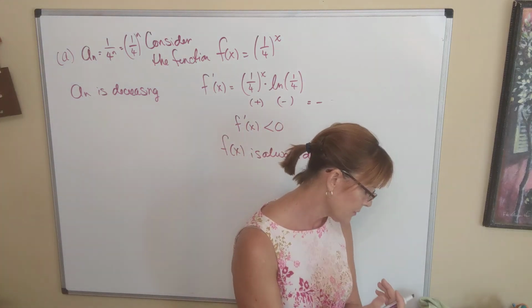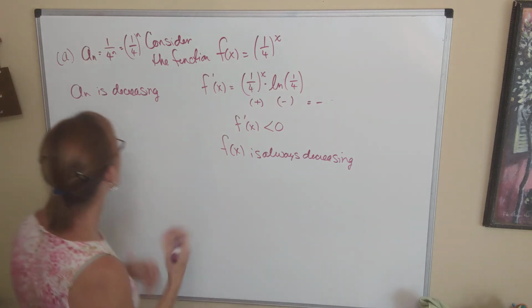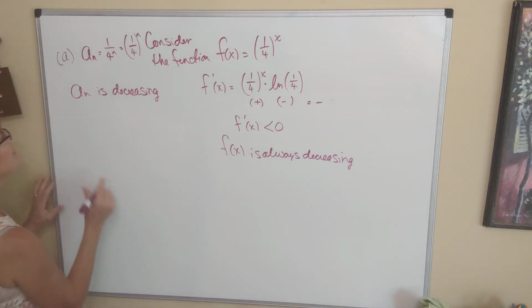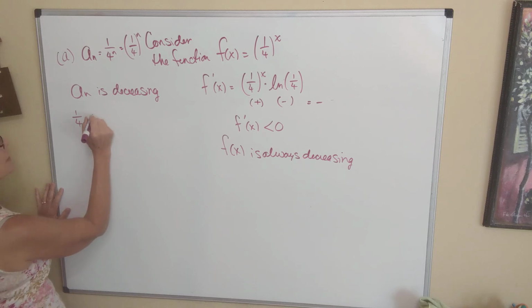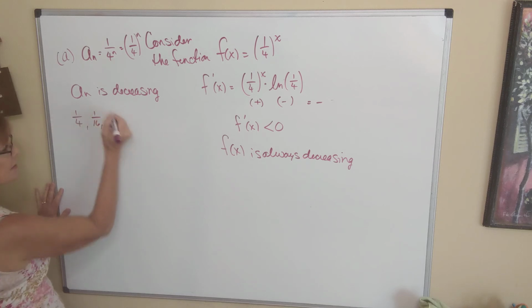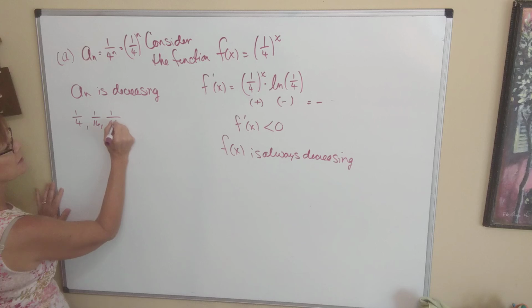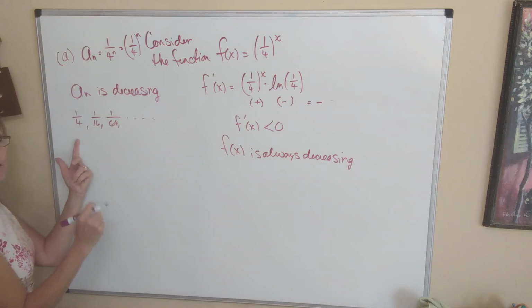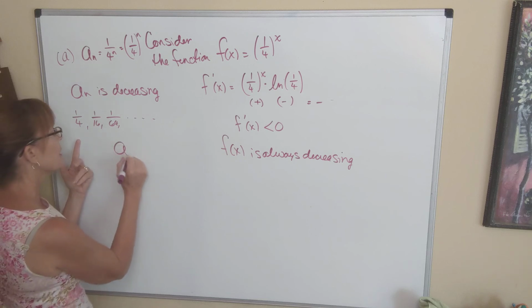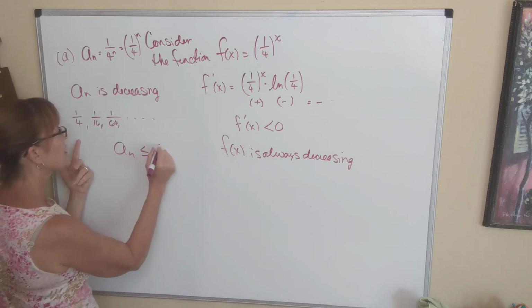Now, is it bounded? Well, let's put out some terms here and see what we get. A sub 1 would be 1/4. A sub 2 would be 1/16. A sub 3 would be 1/4 cubed, which is 1/64. So we know it's always getting smaller. So we know this is the biggest number. So we can say this: a sub n will always be less than or equal to 1/4.